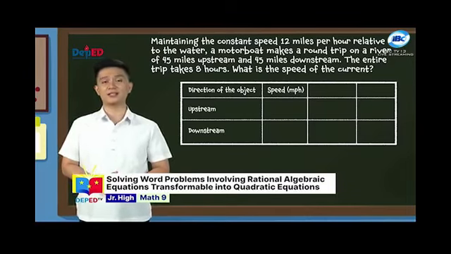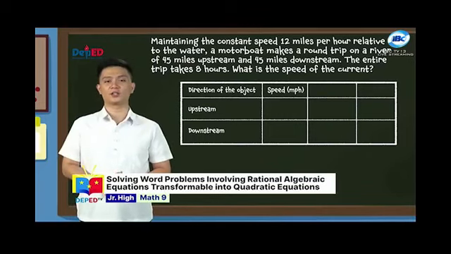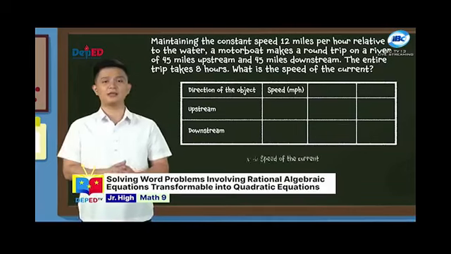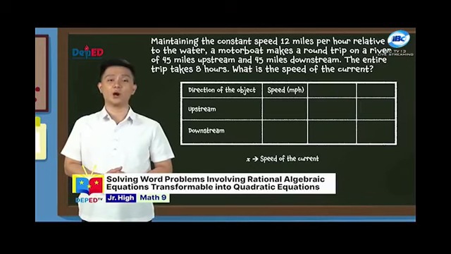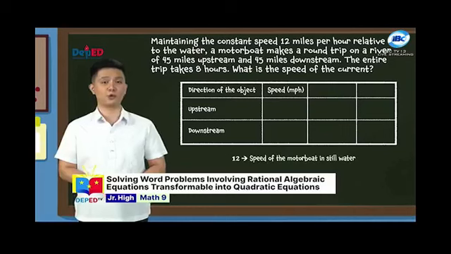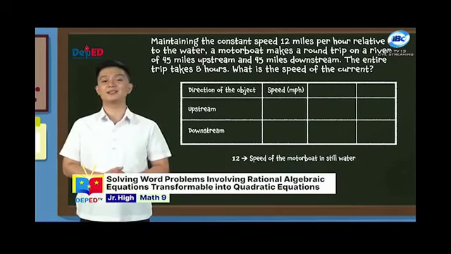We must express it in terms of the speed of the current and the speed of this object in still water. The speed here is expressed in mph or miles per hour. This time, the speed of the current is the one unknown, and we let it be x. The speed of the motorboat in still water is given. As stated in the problem, it is 12 miles per hour.